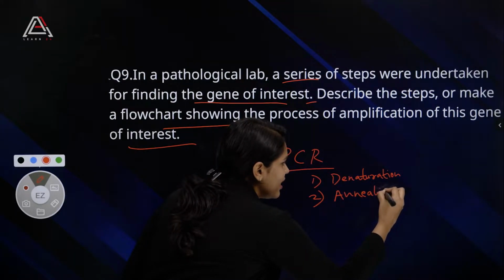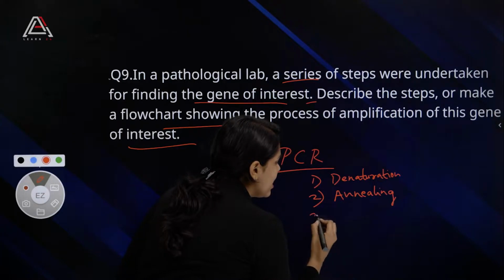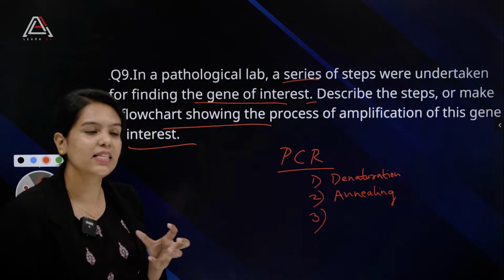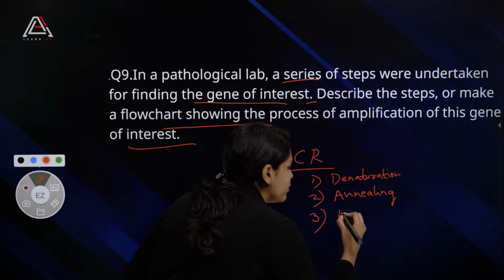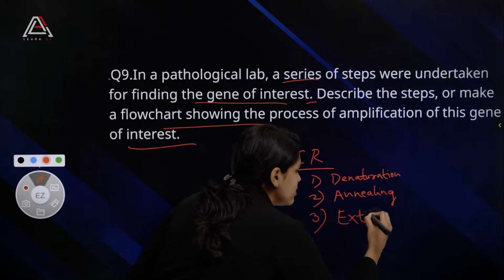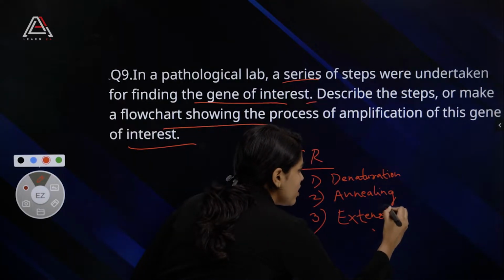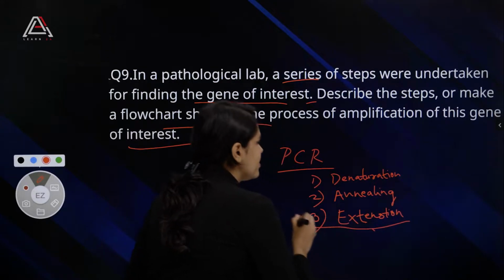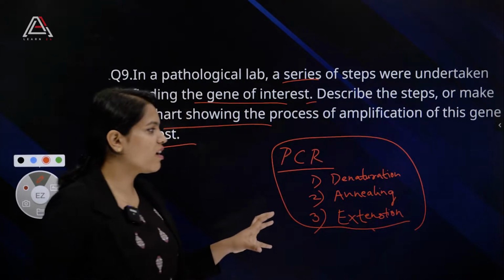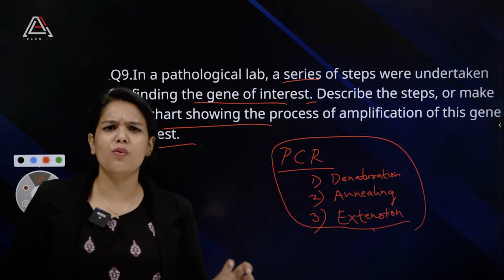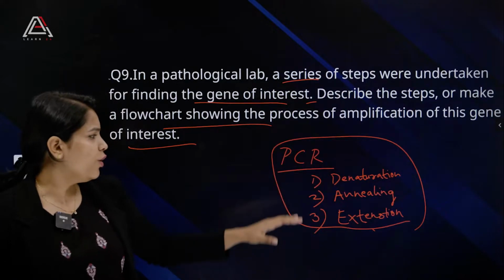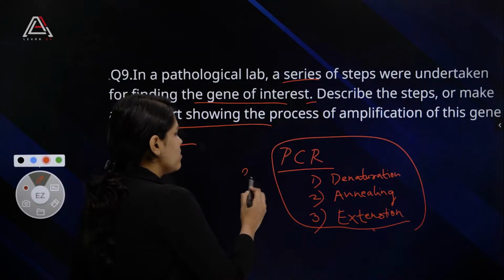Second step is annealing. You have to talk about annealing. And the third step is extension of that particular strand. Right, so if you mention these 3 steps and talk about them briefly, just discussing what is happening here, you can get the 3 marks.